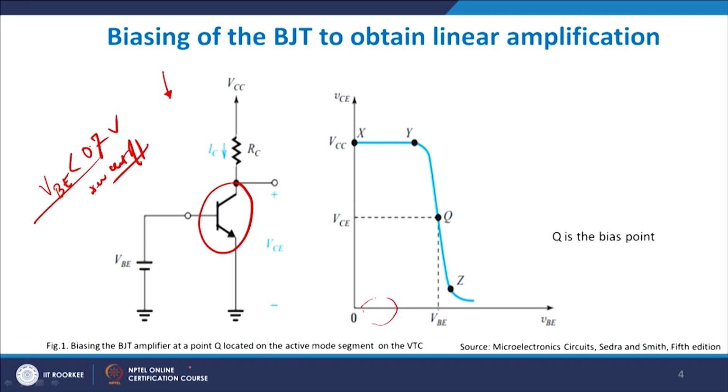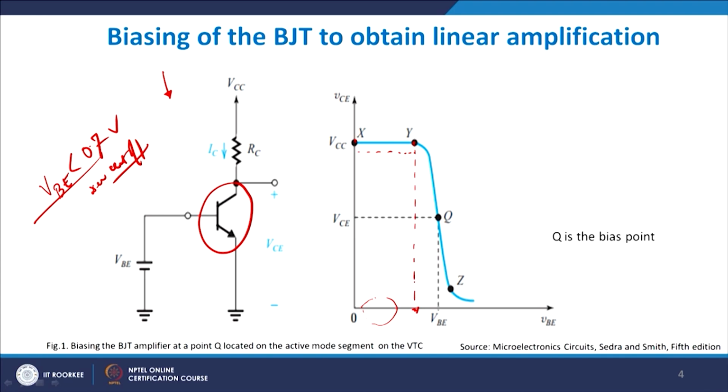So when the device is cut off, all the VCC falls across the output, so the output voltage is VCC and remains VCC up to a point Y, where the amplification is 0.